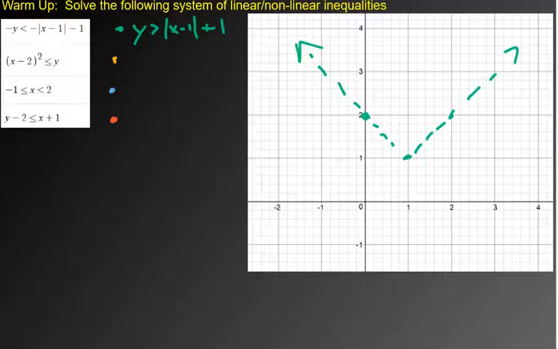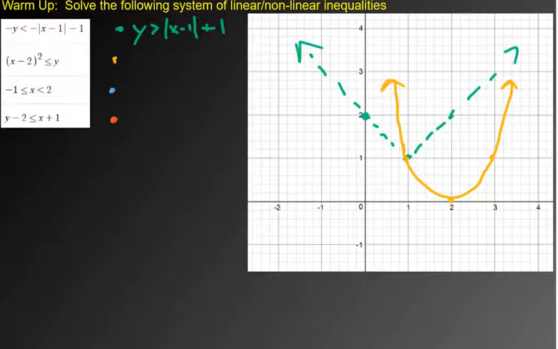The next one is just a quadratic that's been shifted to the right 2. And it also doesn't have any stretching or compressing or flipping or anything. This one's solid, so we're going to just draw that.